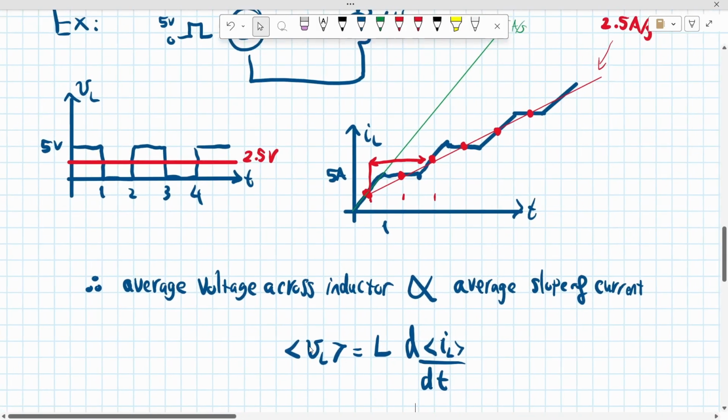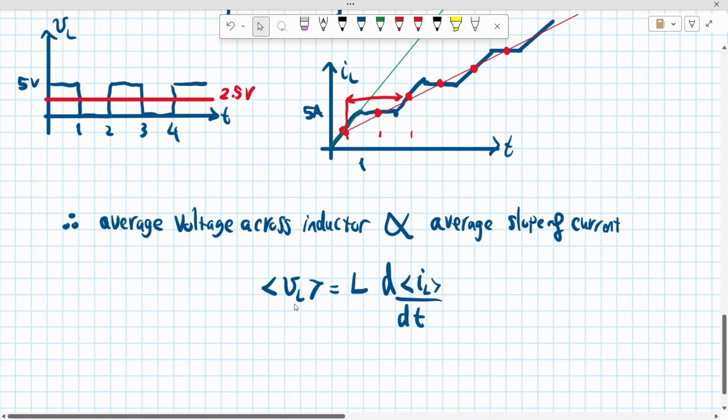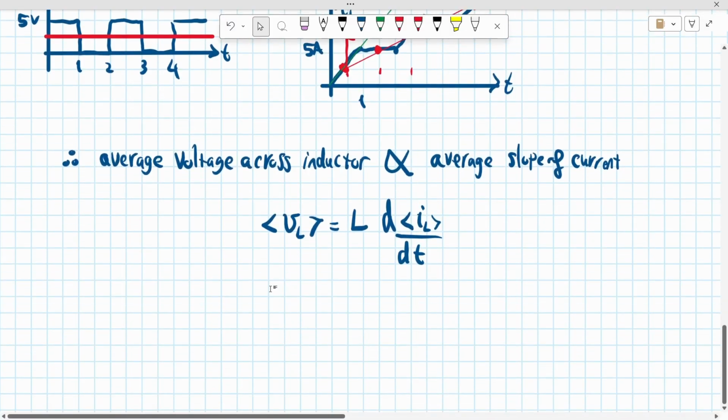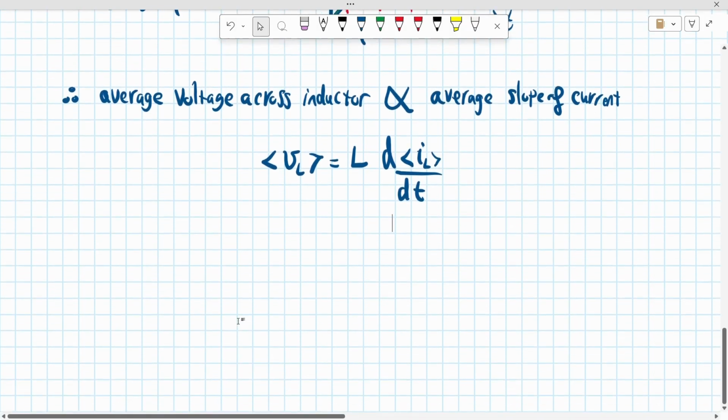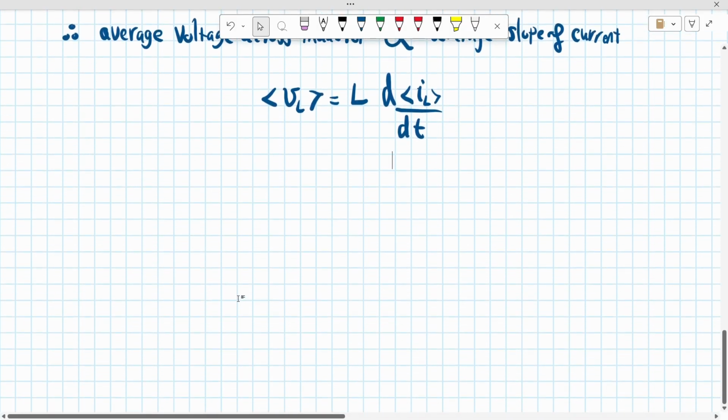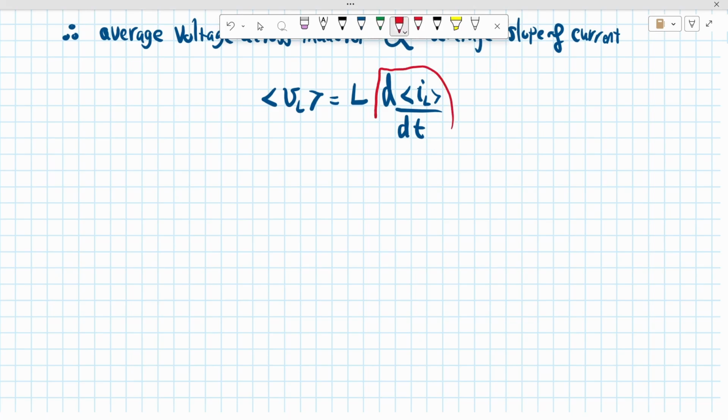Right? So, if we want to have constant inductor current, we need this thing to be 0. You know, if something is constant, its rate of change is 0.